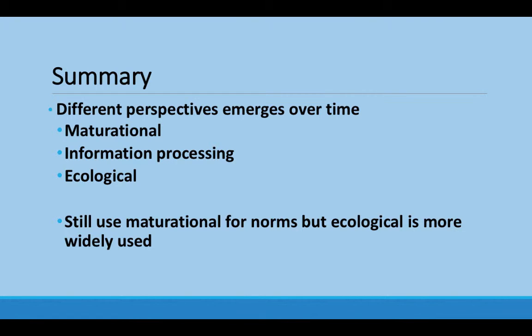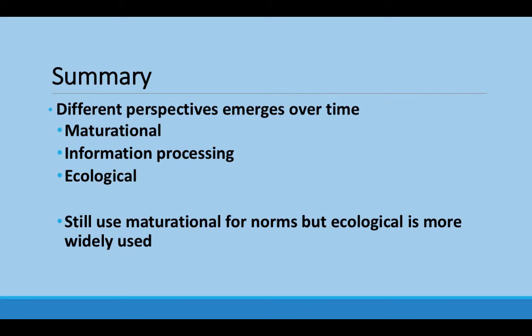So to summarize what we went over in class today, we went over three main perspectives in motor behavior. Remember the maturational perspective, which says that motor skills are driven by the central nervous system. To the information processing perspective, which says that we cognitively process and develop new motor skills throughout the process of aging.